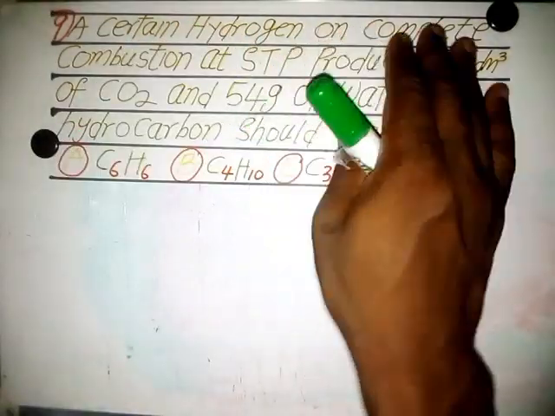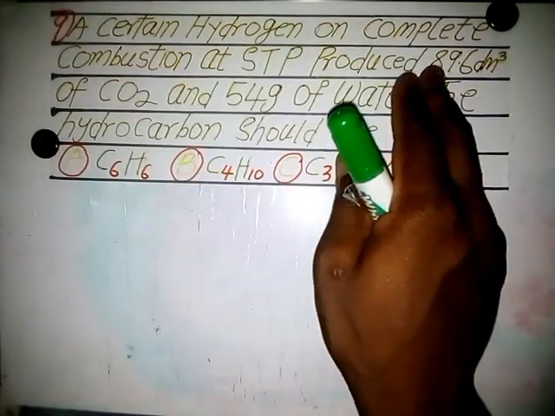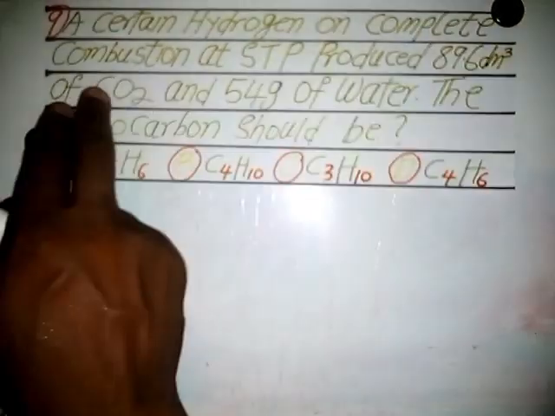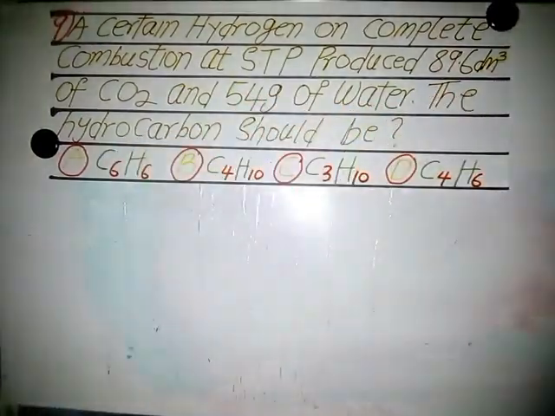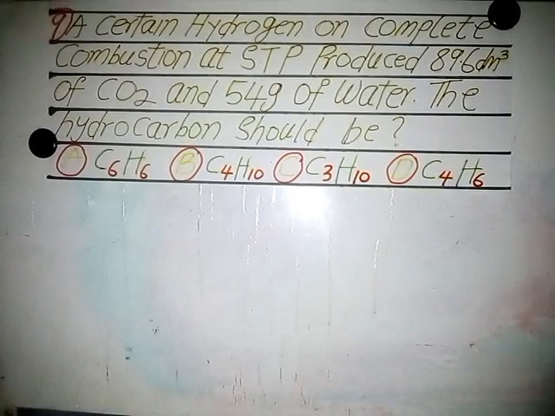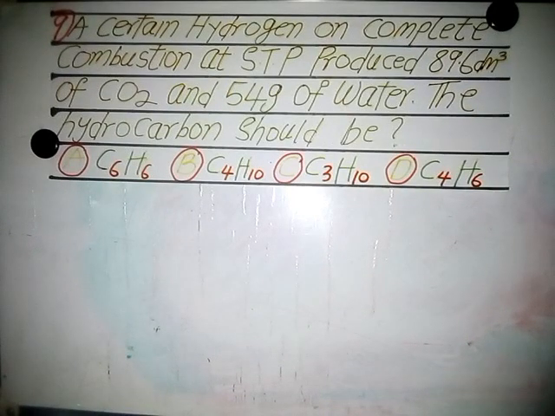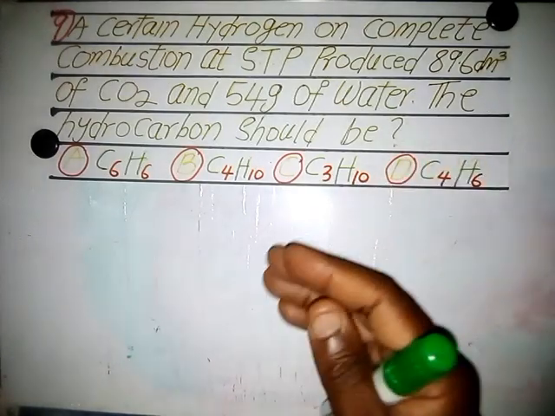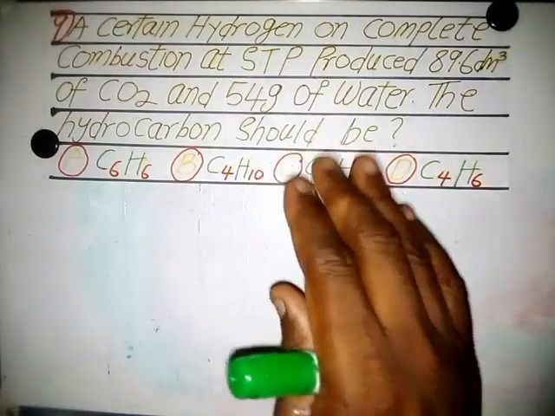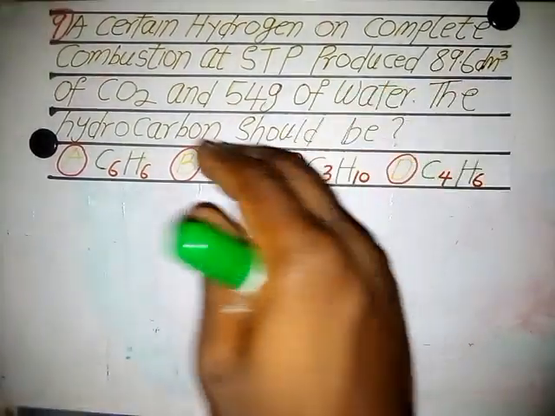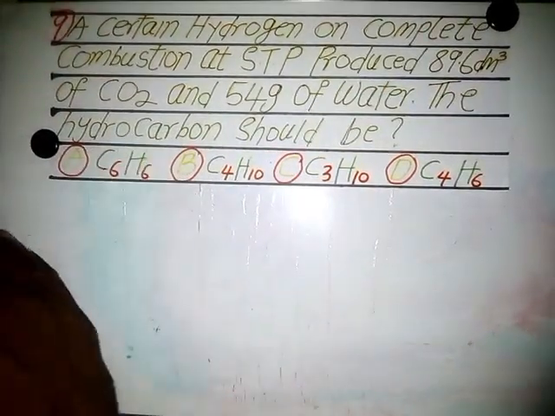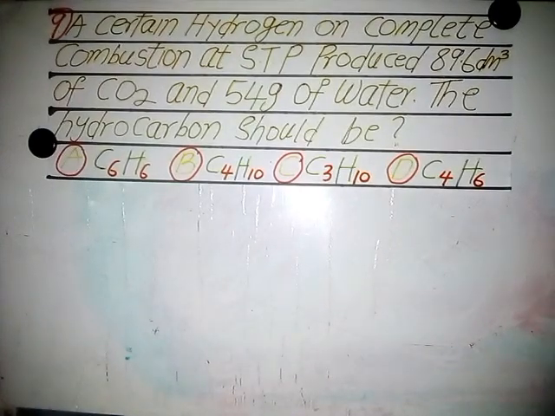A certain hydrocarbon on complete combustion at STP produces 89.6 dm³ of CO2 and 54 grams of water. The hydrocarbon should be... So remember, they are mentioning hydrocarbon, carbon and hydrogen. But in this question, we are more interested in the carbon and hydrogen, because they give you a compound that has carbon and a compound that has hydrogen.